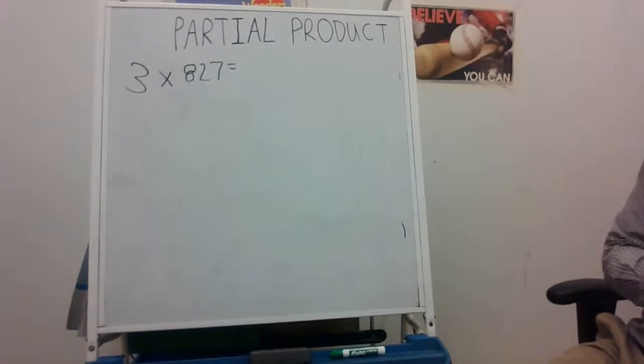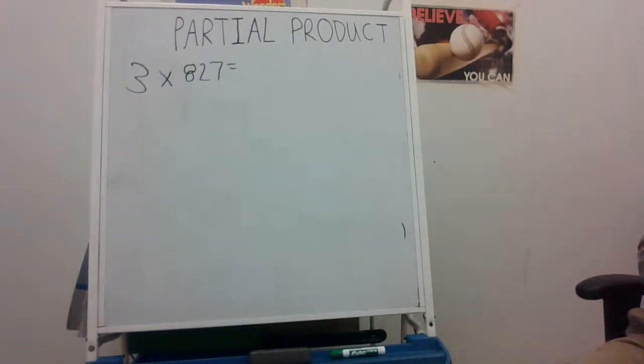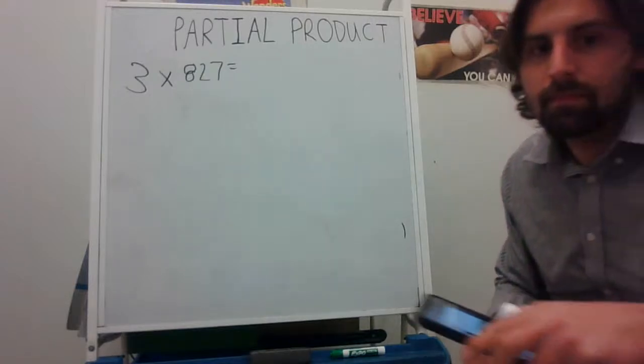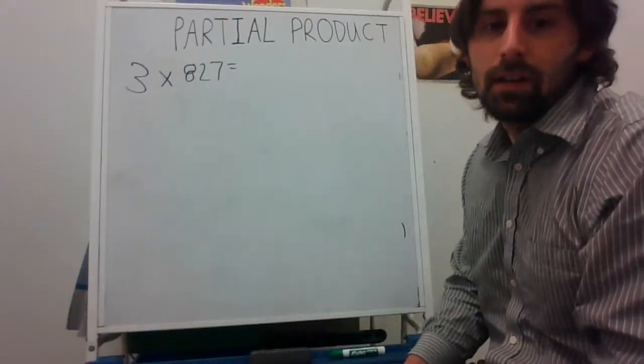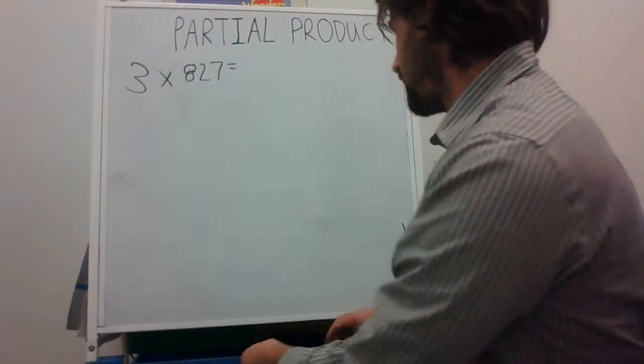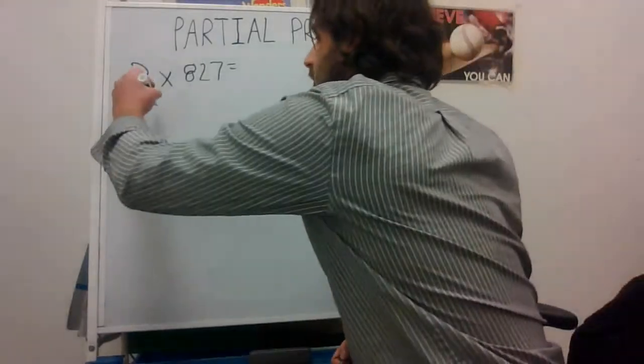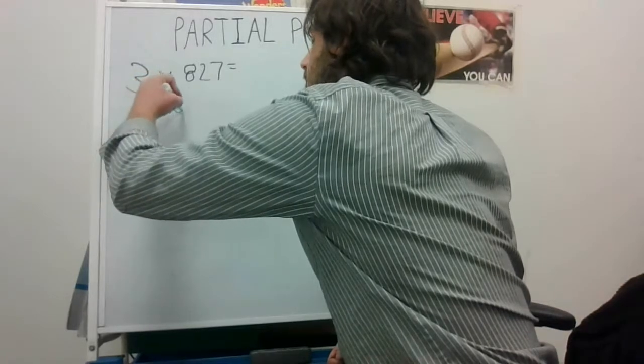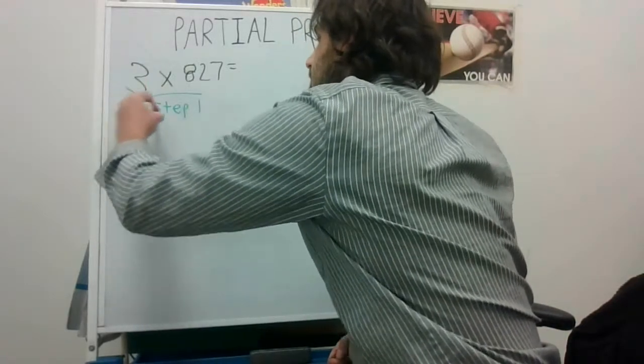Let me check this right quick. All right, so step 1, we got to write 827 in expanded form. So step 1.